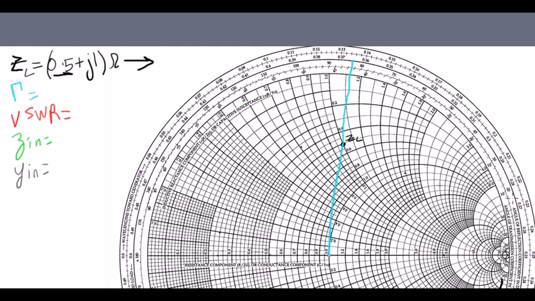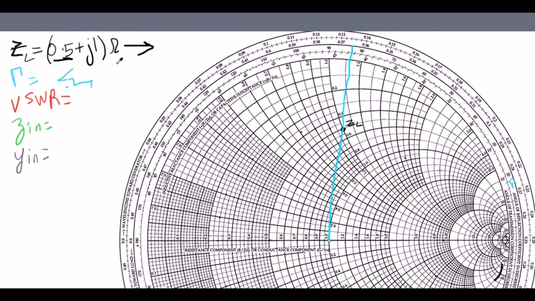So it'll be around 83 degrees. So now we know the angle is 83 degrees. We need the magnitude.